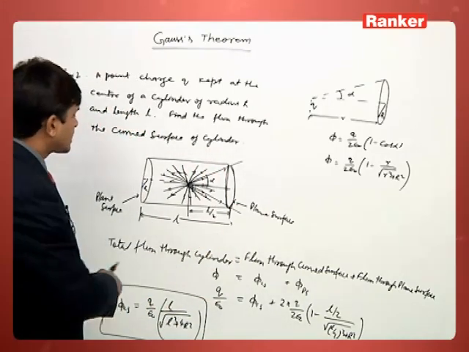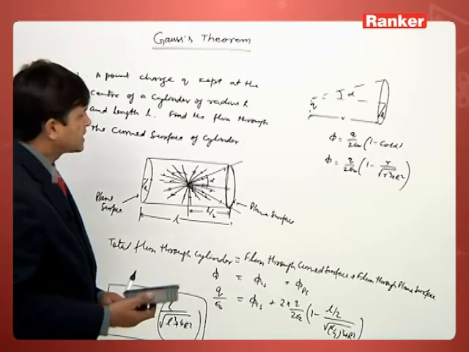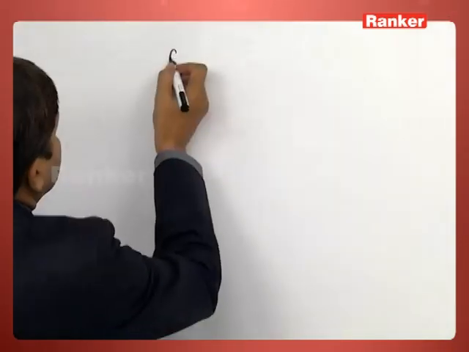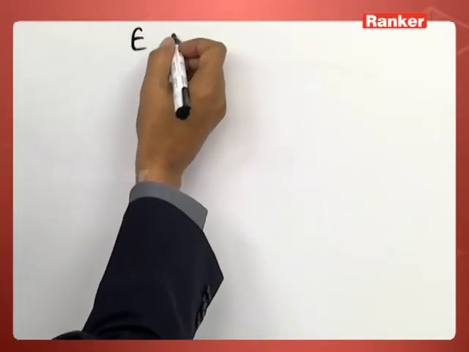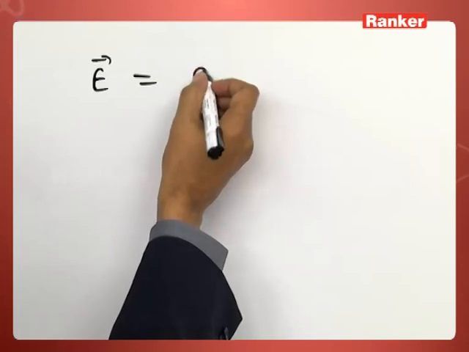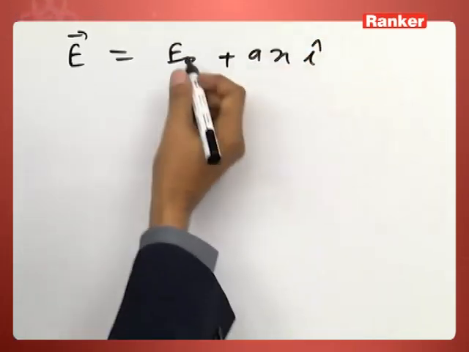See another example in which the electric field is variable, but a different type of question. The electric field in a space is given as E naught plus Ax i cap.